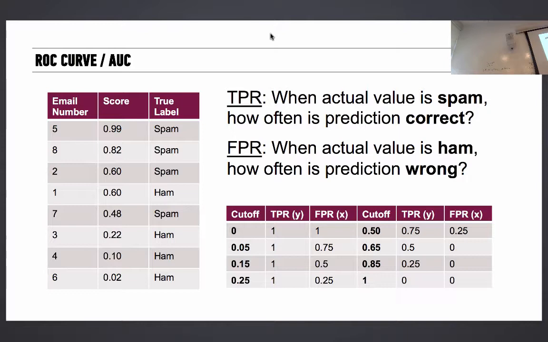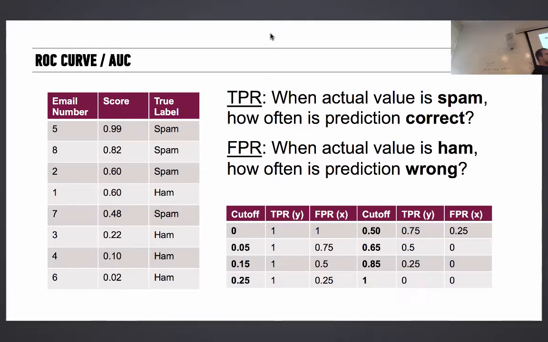When the actual value is spam, how often was I right? There are 4 spam emails. How often was I right? 50%, the top 2. But the other 2, because the cutoff is 65, I didn't classify them. When the value is ham, how often was I wrong? Remember, I said ham for all of these.